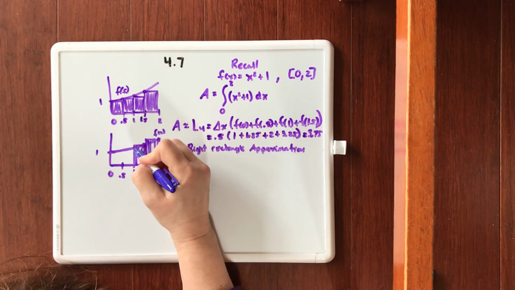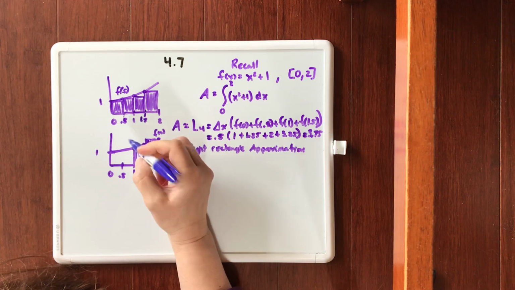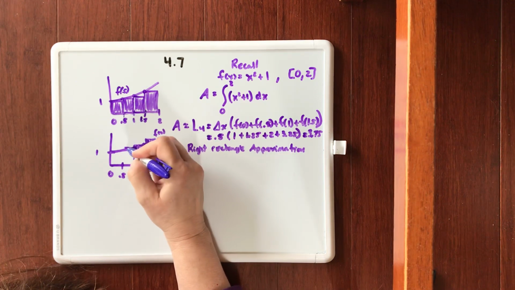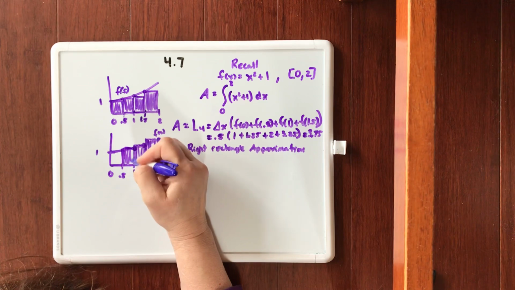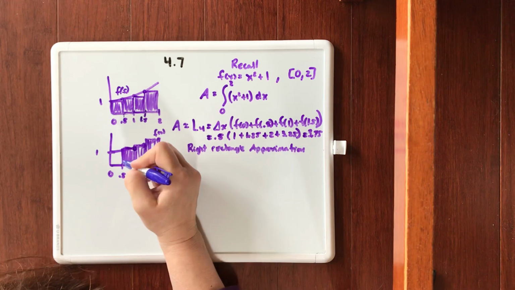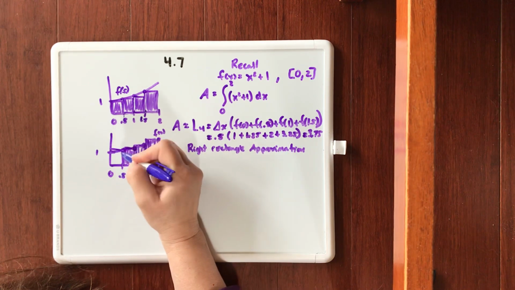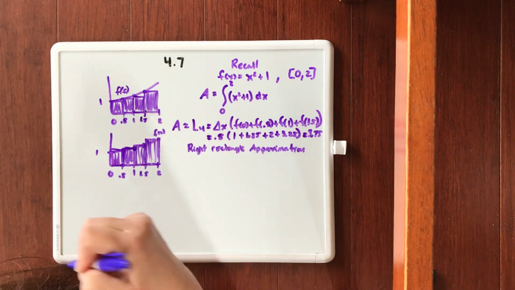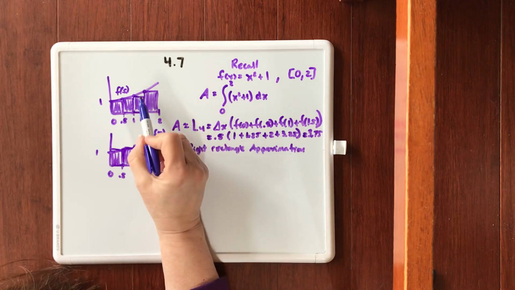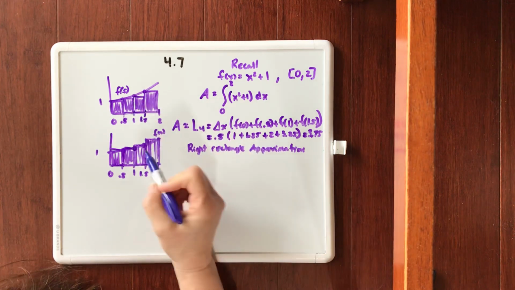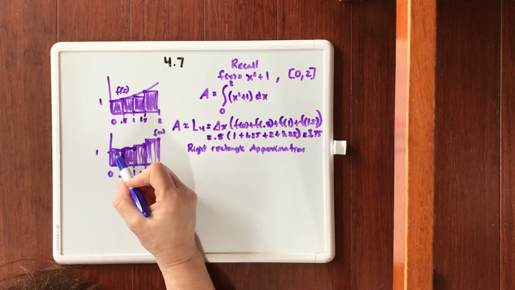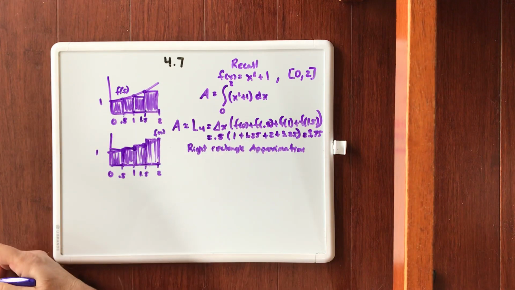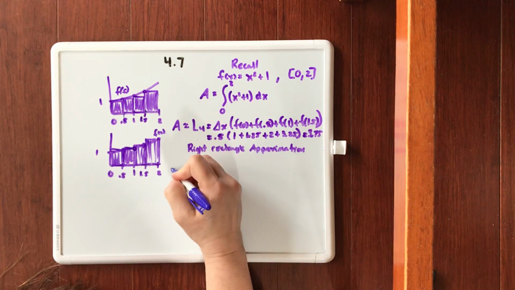Then we take this one, which is f of 1, bring it over, and this times this. And then the last one, bring it over, f of 0.5 times 0. So this one we're missing some spaces, and here we're overestimating. We're going over it.